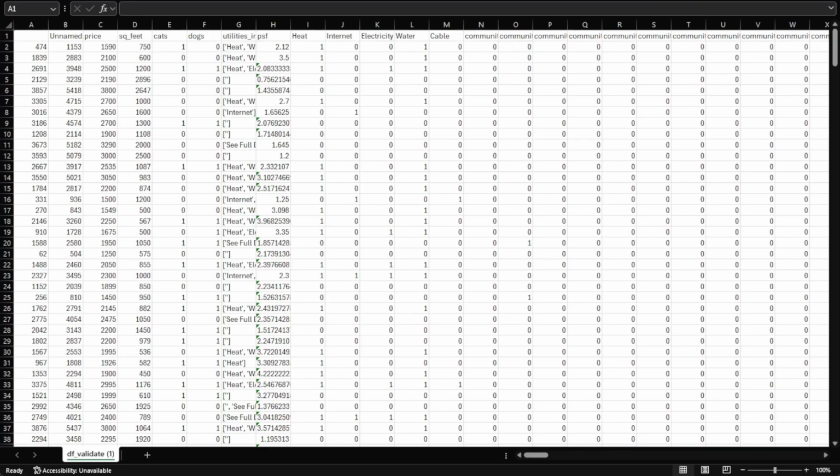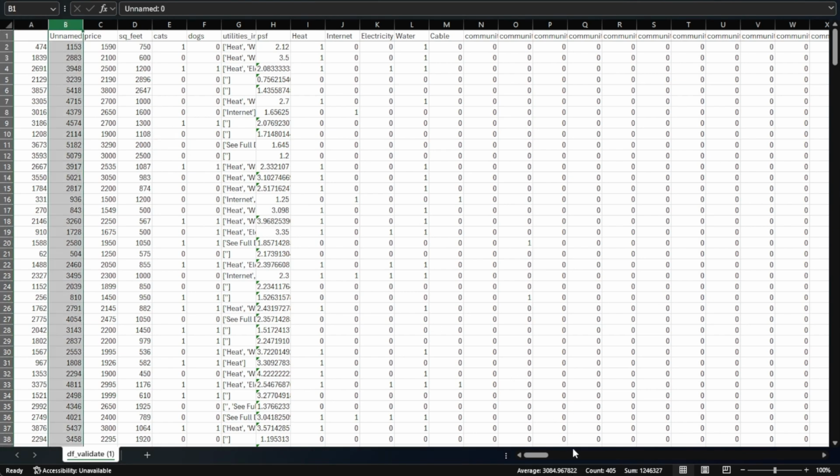Alright, folks, so here we have the output from the script that we were just looking at, where I attached the PSF predictions onto the inputs that were 404 items long, if I'm not mistaken.